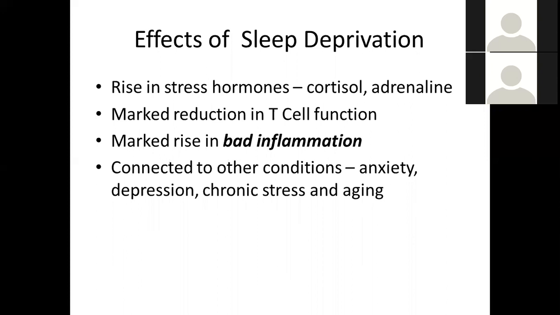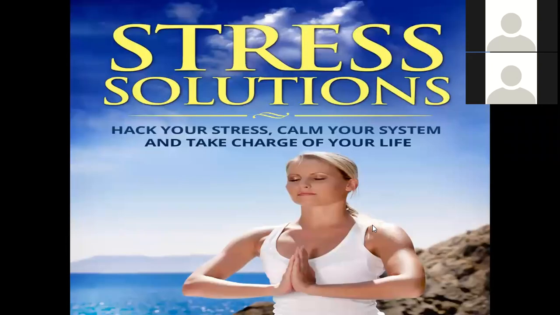Then a marked reduction in T cell function, I've talked about that. A marked rise in bad inflammation, and all those are connected with other conditions such as anxiety, depression, chronic stress, and faster aging. So you see, there is a lot that we are now going to apply.